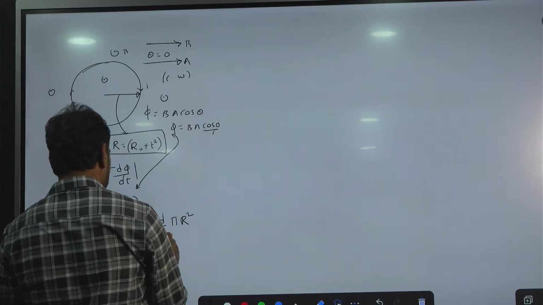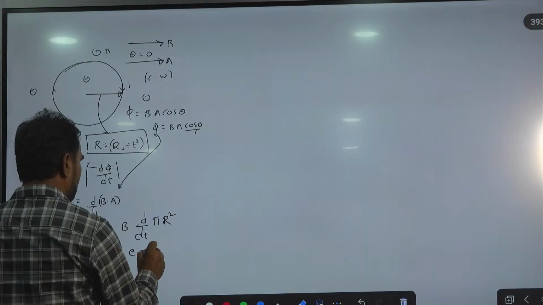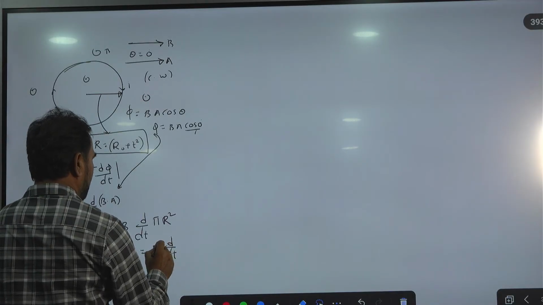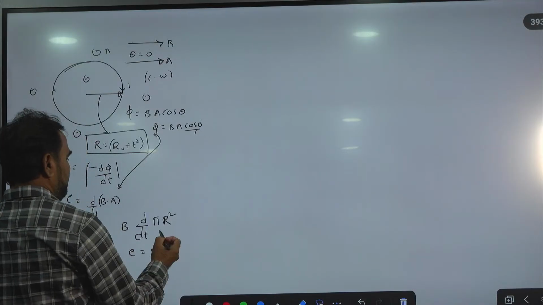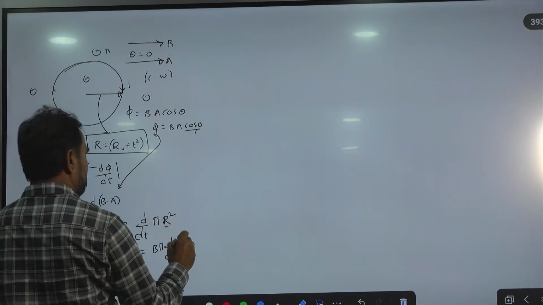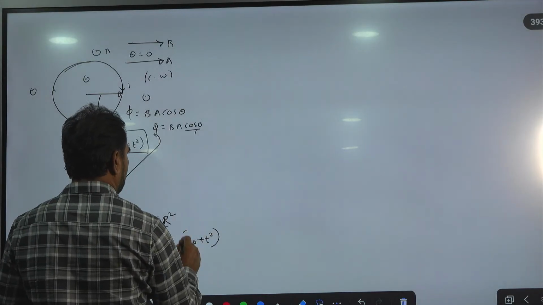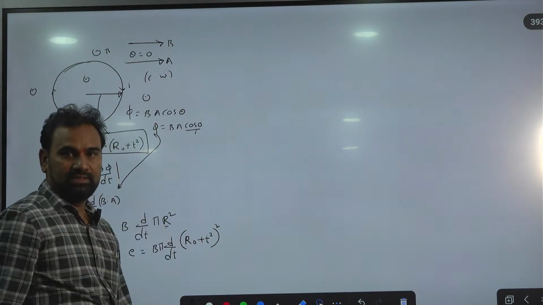Okay, that is E is equal to B into d by dt of π, also write out of the derivation, r value was given (r₀ + t²) whole squared है बेटा, is it clear?